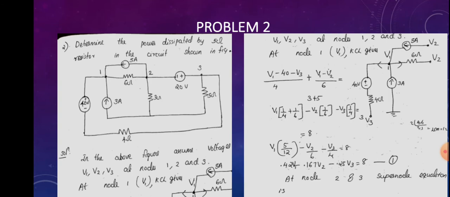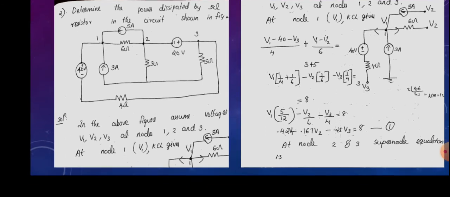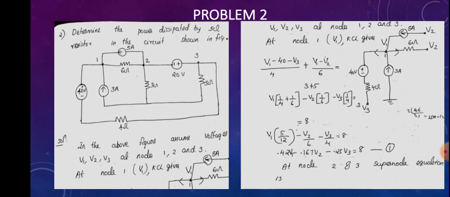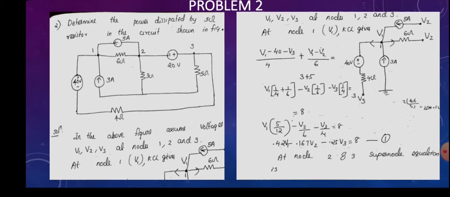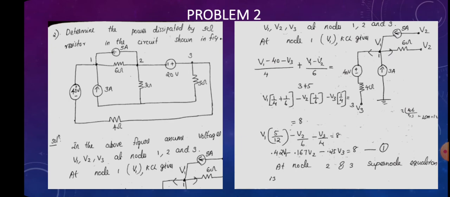So we will get the equation as 0.42 V1 minus 0.16 V2 minus 0.25 V3 equal to 8. And I am not describing each and every step. It's simple mathematics, and you can write it in your notebook. Okay, this is the final equation we got from node 1, and that is equation number 1.